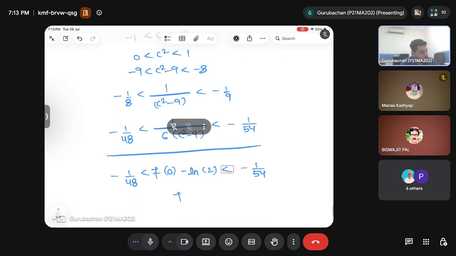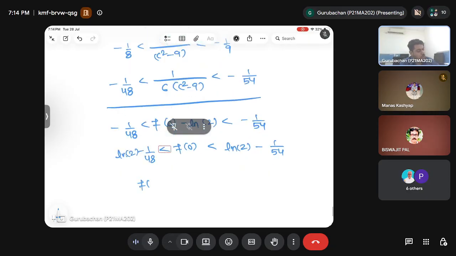That means f of 0 must be lying between these two values, and this will be the interval. f of 0 belongs to the interval I, and the interval I is defined as ln2 minus 1 by 48, comma ln2 minus 1 by 54. Clear?